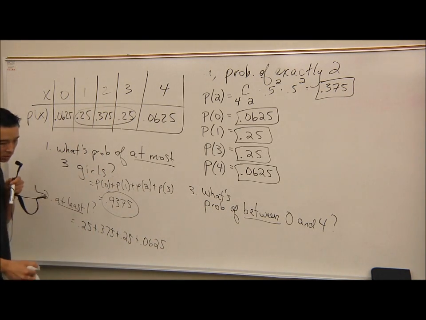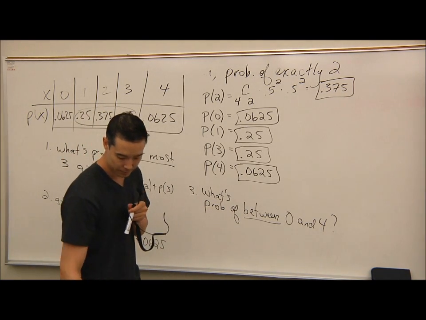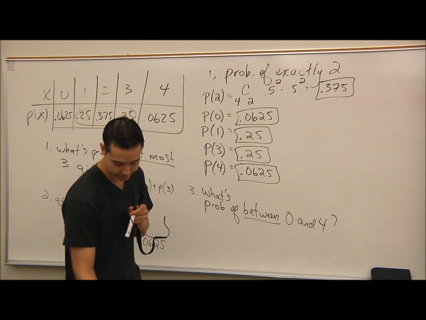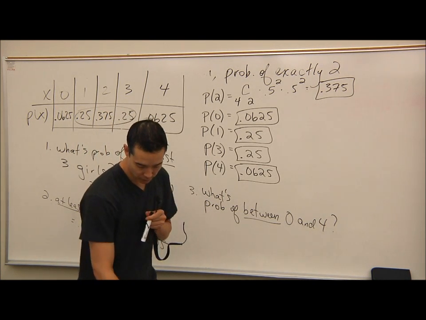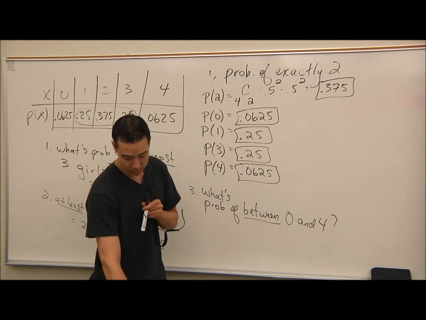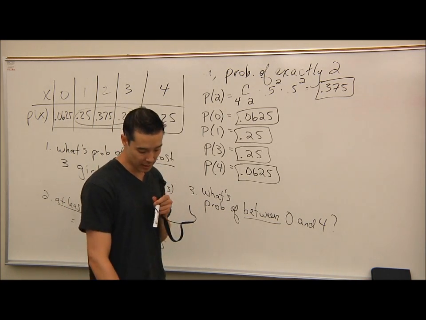All right. What I want you guys to do is look in the back of your book where you have the binomial distribution tables. In this particular book, it's on page 770.